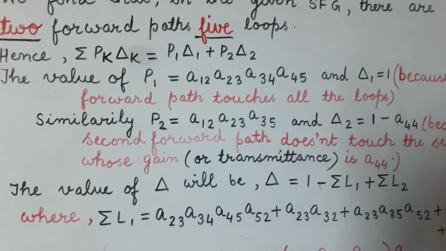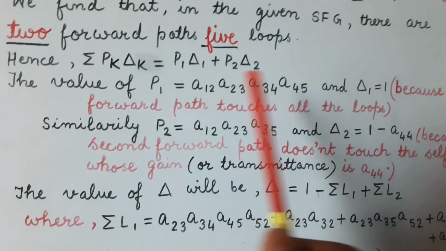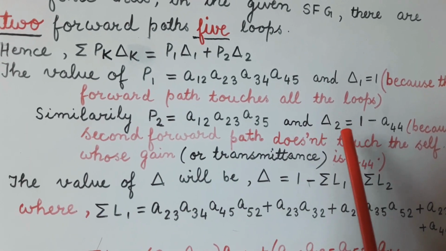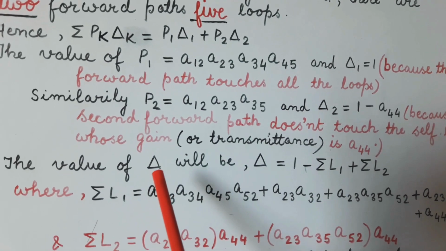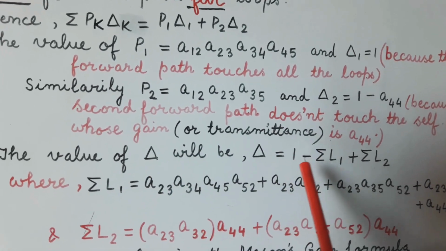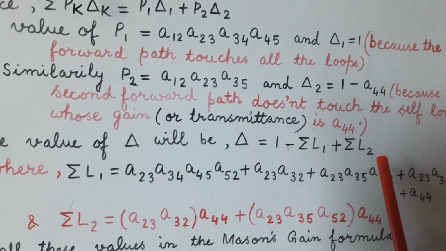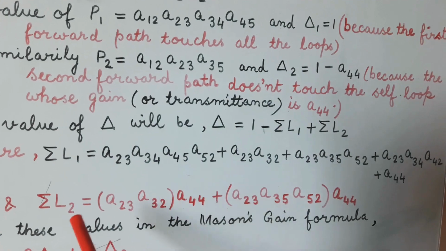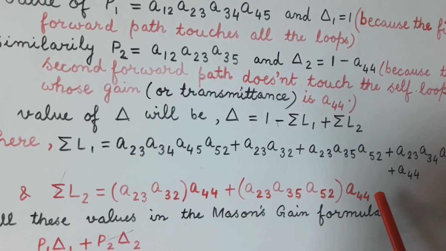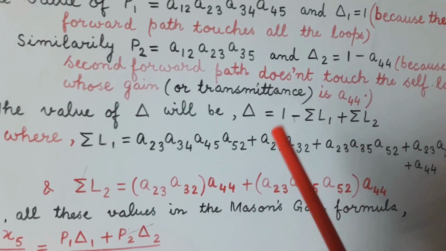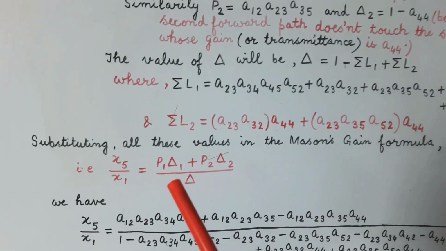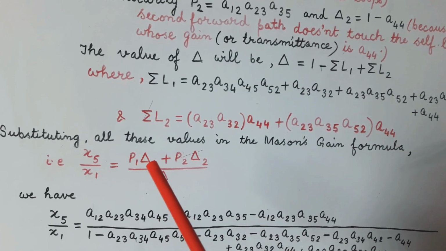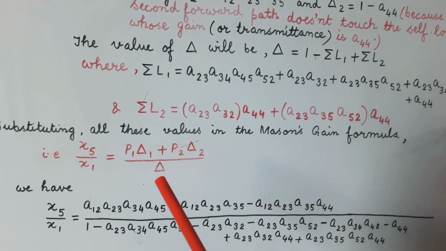Now we have found out the value of P1, delta 1, P2 and delta 2, and we have also found out the value of delta. Delta is given by 1 minus summation L1 plus summation L2. Summation L1 will be given by this expression, summation L2 will be given by this expression. When we substitute all these values in the given formula, x5 by x1 is equal to P1 delta 1 plus P2 delta 2 divided by delta.